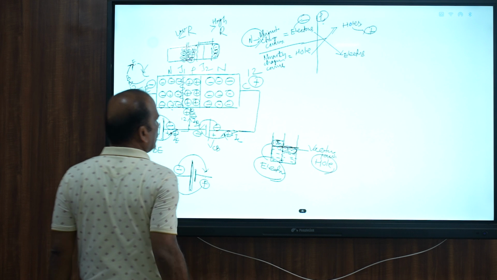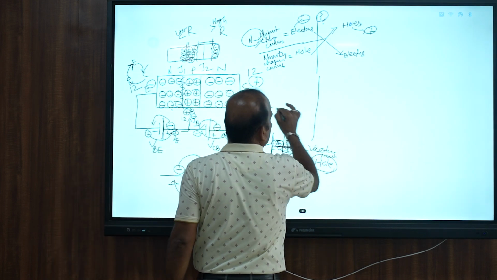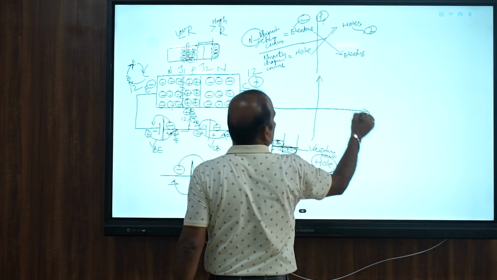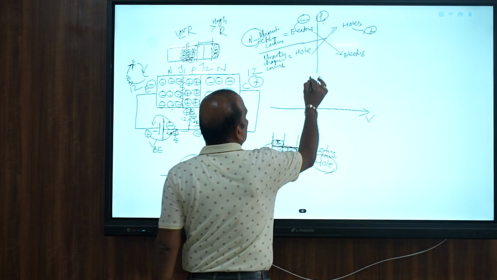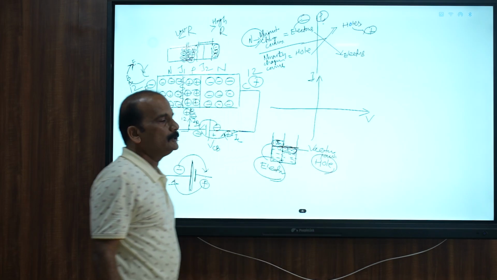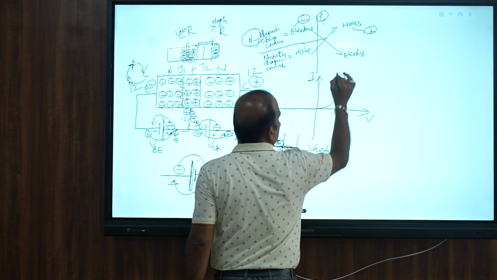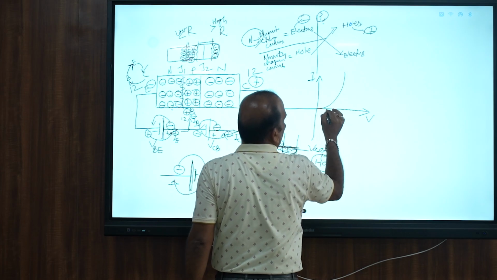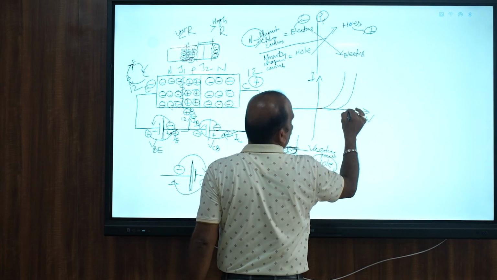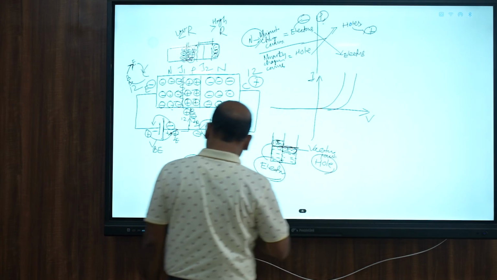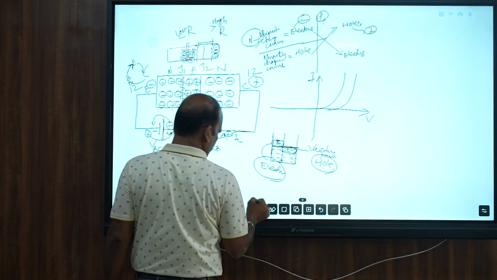And if we draw the VI characteristics, the volt-ampere characteristic, voltage is taken on the x-axis and current on the y-axis. So the input will be like this. Sorry, it's not like this.